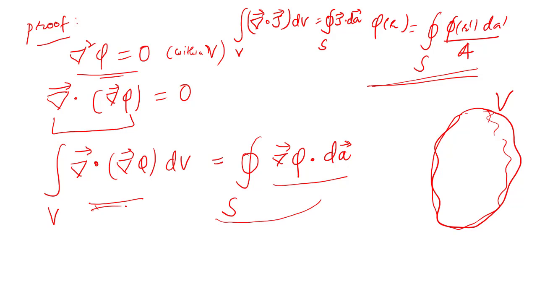But we know that this itself is 0, right? So then this integral should also be 0 because the integrand itself is 0. Then we know that the surface integral of grad phi dot dA is equal to 0.